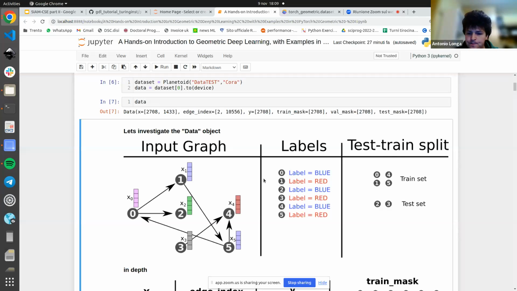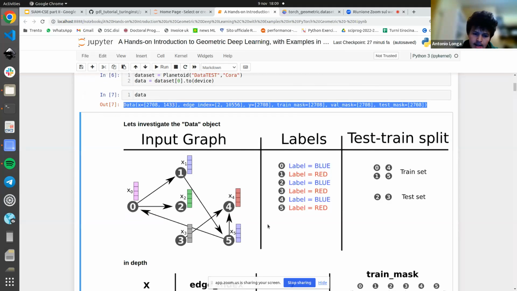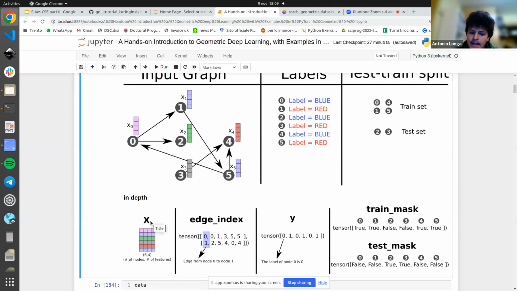Okay, but what is the relation between this object here and this idea of graph we have? Well, let's start from the X. The X is simply a tensor that contains the number of nodes times the number of features. What does it mean? It means that each row represents the features of a node.